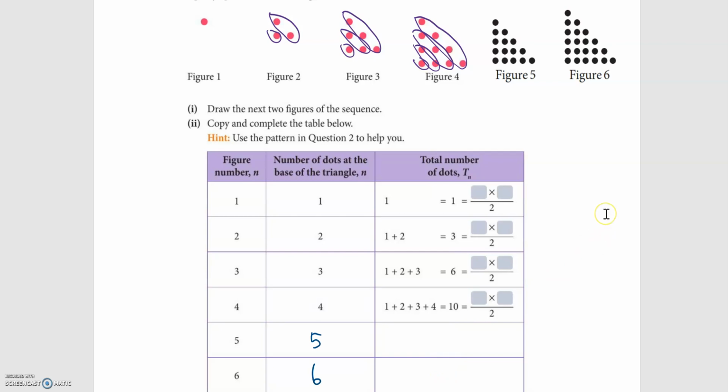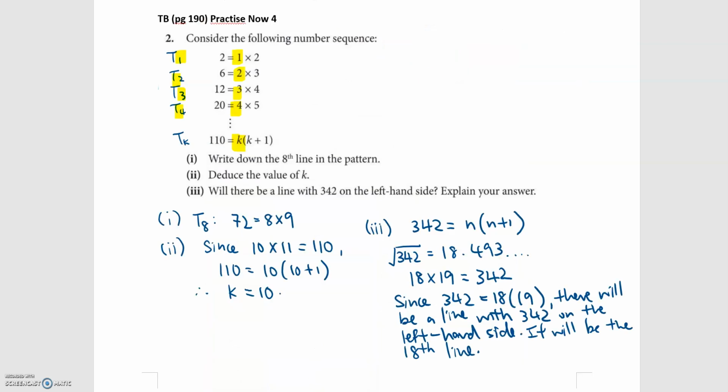So for the first one, it's just 1. And how did we get this? We have to refer to the previous question to help us. For question 2, we have 1 times 2 to get 2, 2 times 3 to get 6, 3 times 4 to get 12, 4 times 5 to get 20.